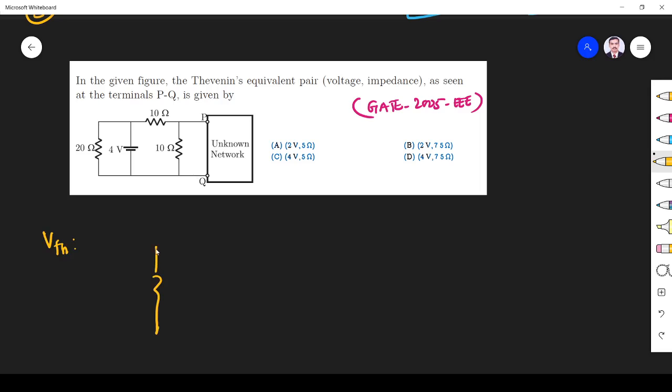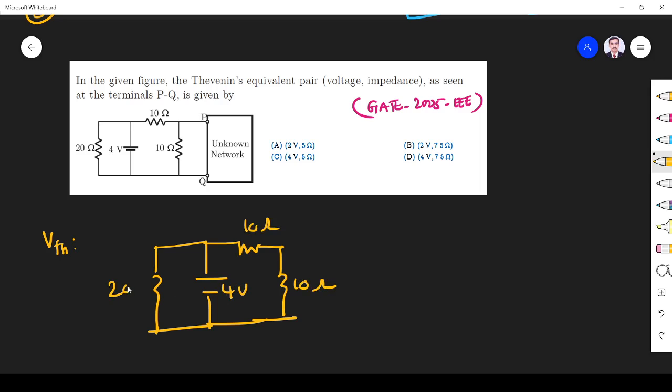So this one is like this, right? 10 ohm, 10 ohm, 4 volt, 20 ohm. Open circuit voltage means open the load. So the voltage across this terminal is the open circuit voltage, right?